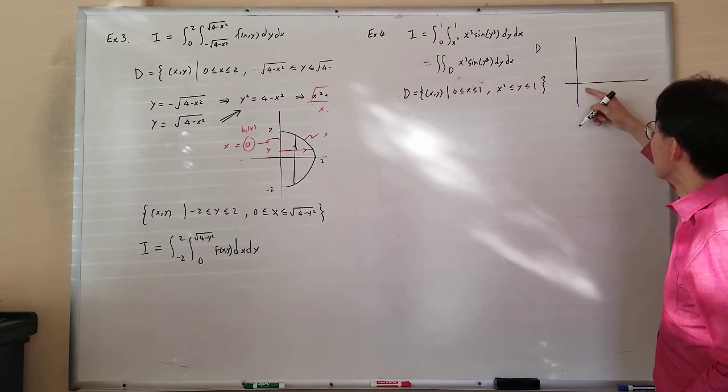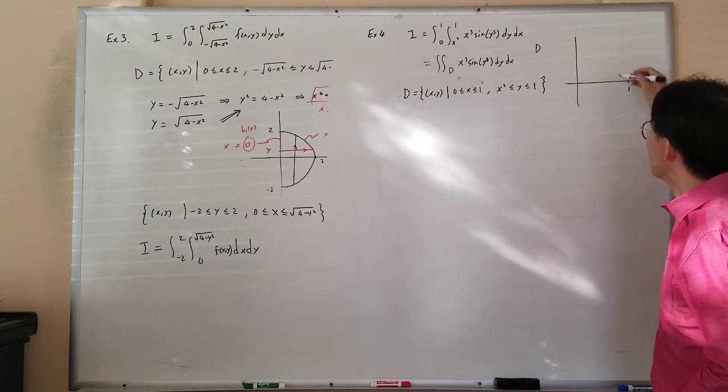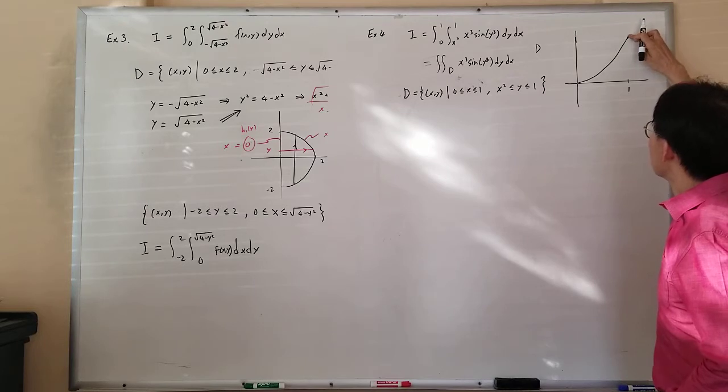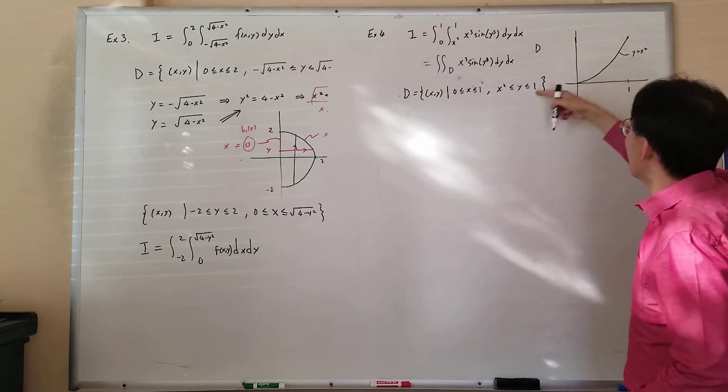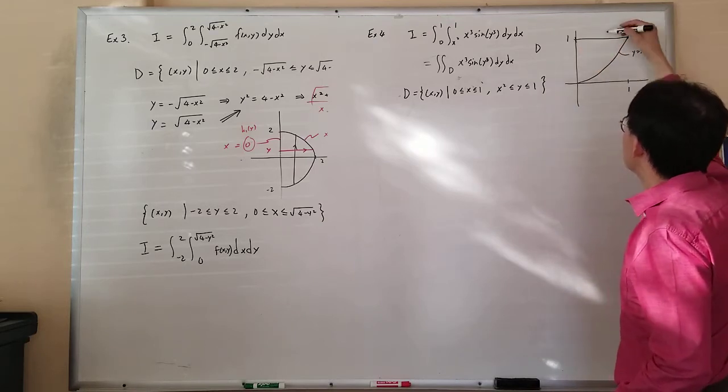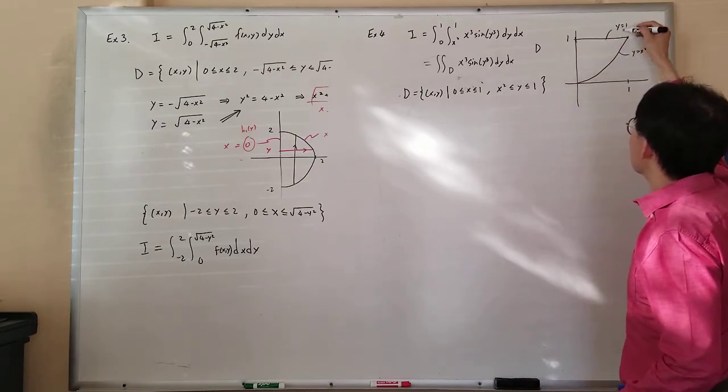Y runs from y equals x squared to y equals 1.